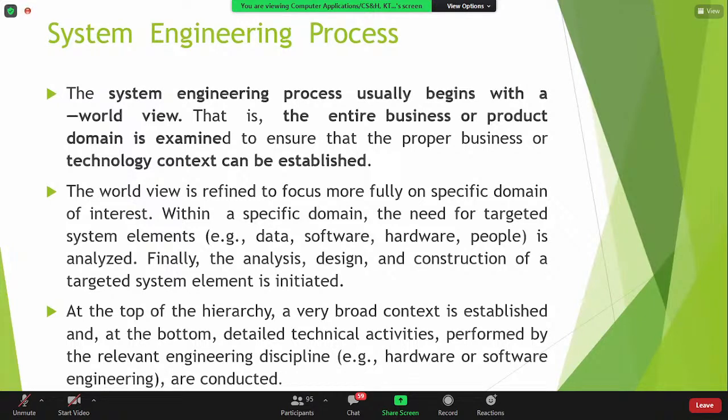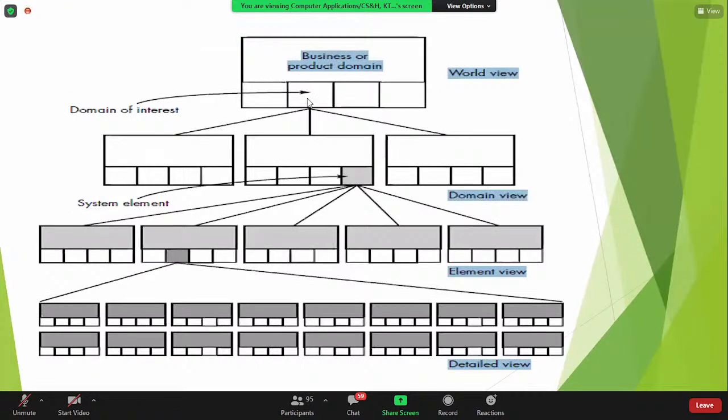If anyone needs further, they will move on to the next view. The world view is refined to focus fully on a specific domain of interest. They should not deviate from the path. It is refined to the domain view. This domain view is again refined to the element view, and this particular element is again refined to detail.